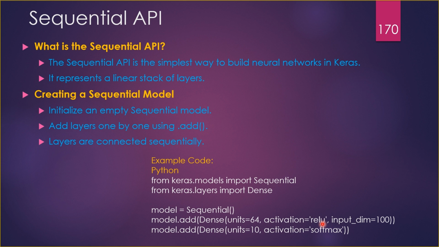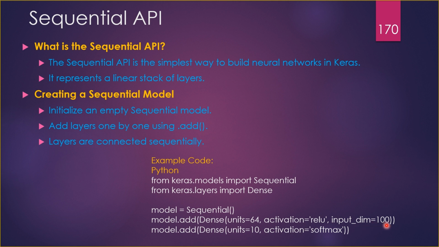Every neuron is associated with some activation function. That activation function can be sigmoid, tanh, ReLU, softmax, signum, or linear, because we have already seen a lot of activation functions in previous classes. So over here as an example, I have given activation equal to ReLU. Then it is given input_dim equal to 100.